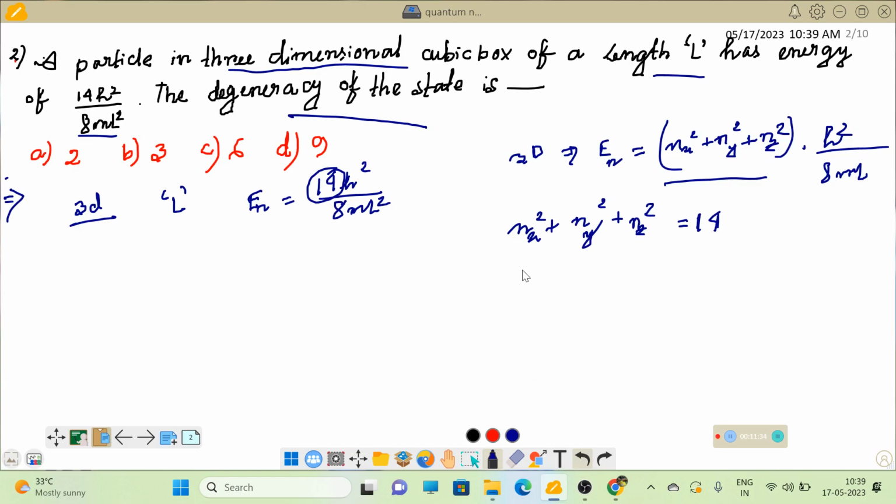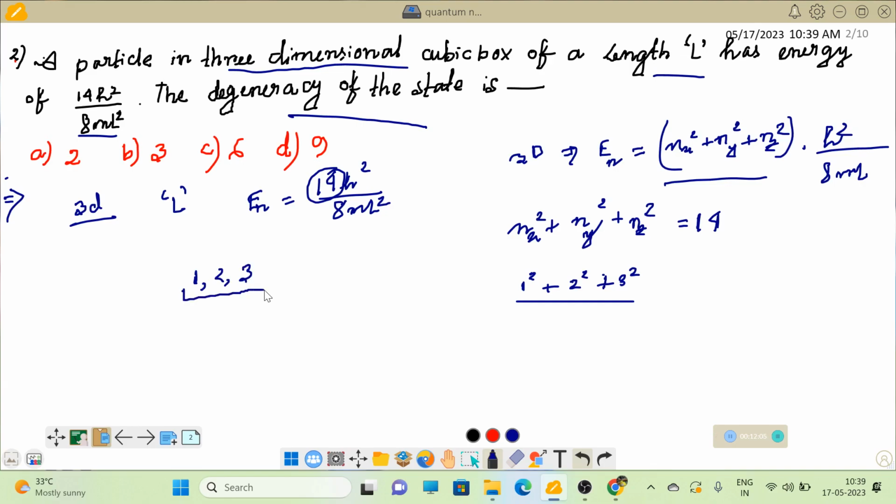So we have to take the summation of the squares. So how will we get this? Try alternative things, like if I take 1 square, if I take 2 square, how much are we getting? 1 plus 4 is 5, we need 9, means 3 square. So the energy state will be 1 2 3.